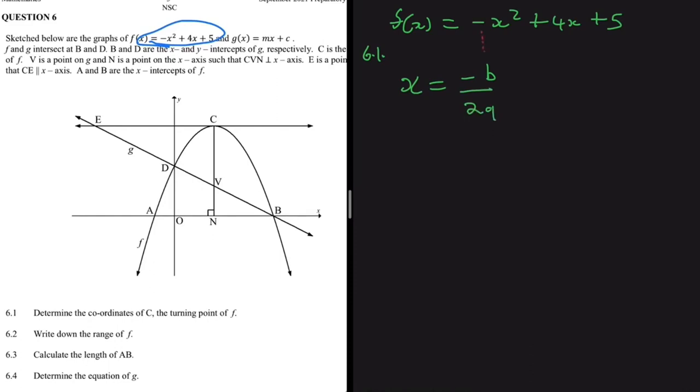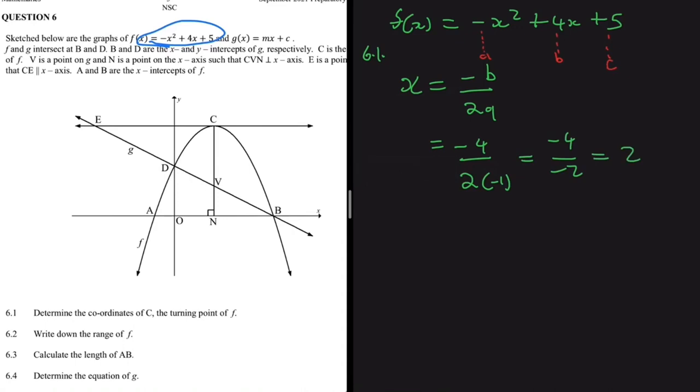We know that minus 1 will be a, 4 will be b, and then 5 will be c. If we substitute that in our equation, we get minus 4 divided by 2. We see a is minus 1, so this will be minus 4 divided by minus 2, which is equals to 2. So our x value for the turning point is 2.